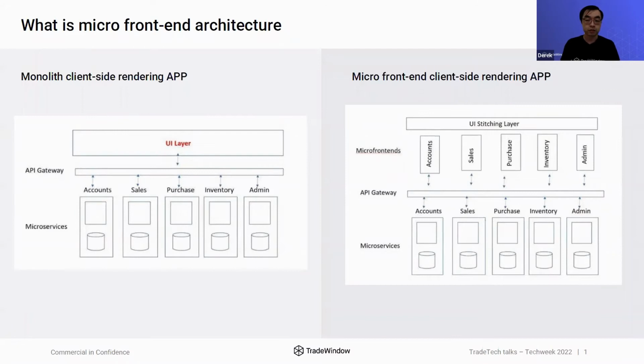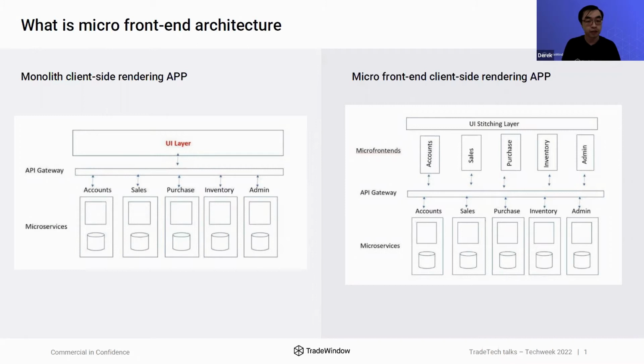You divide the front-end application into multiple modules or applications, which we can call micro applications. Then we have a sticking layer, which is used for navigation and loading the micro apps for the user. Each micro app can be standalone, as we can see from the picture.